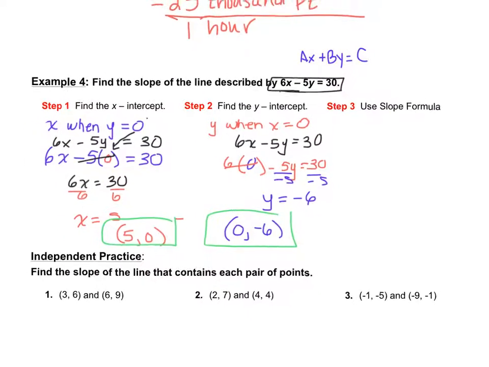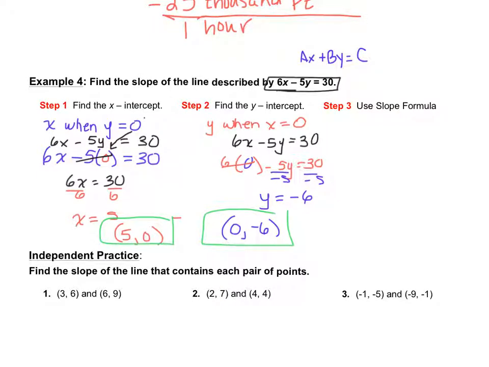They want me to use the slope formula to find the slope. Well, now I have the 2 points. If you have your 2 points, you can use the slope formula because the slope formula requires 2 points. And so when you have an equation, it's easy to find the x and y intercepts because of the easy 0 that you plug in.